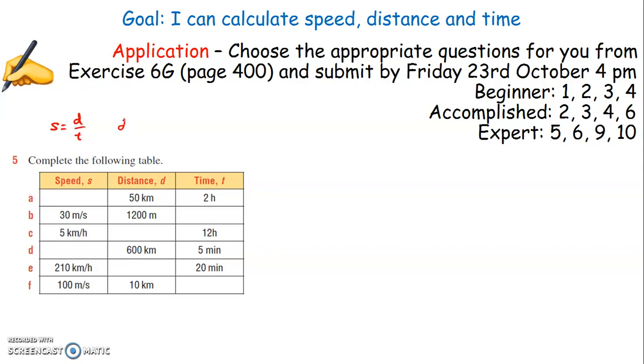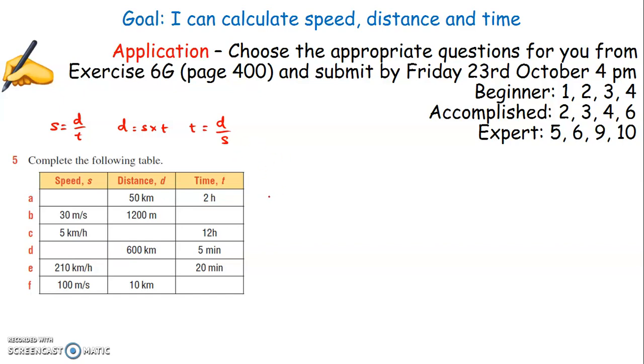Then distance is equal to speed multiplied by time. And time is equal to distance divided by speed. We're just going to use the values that we have to calculate them.